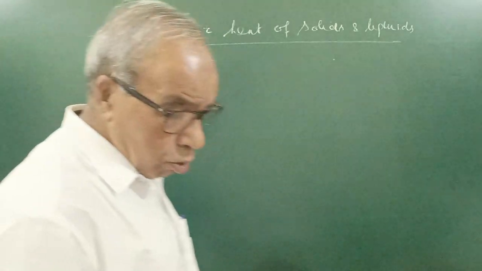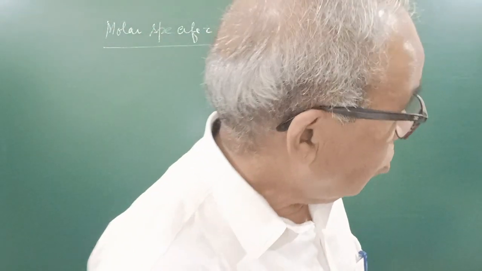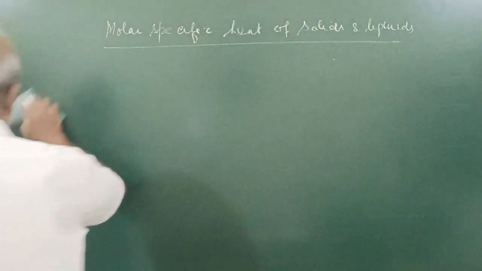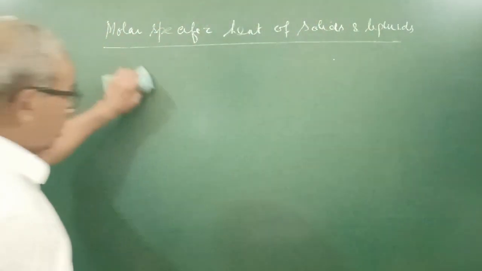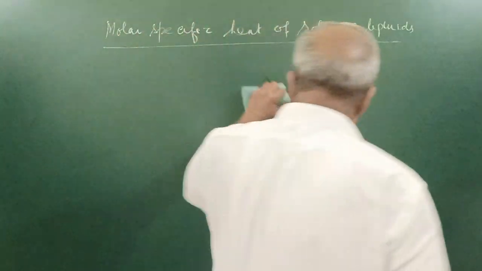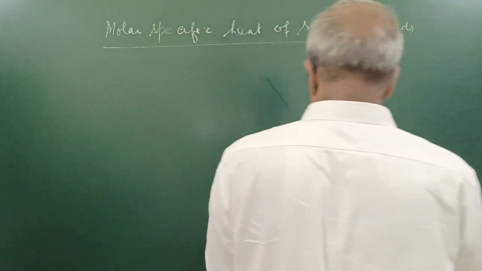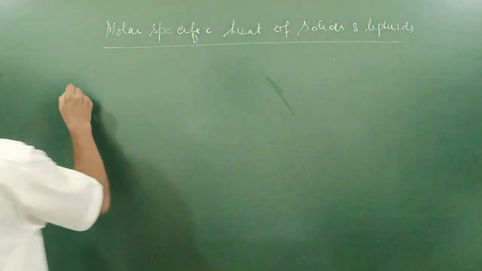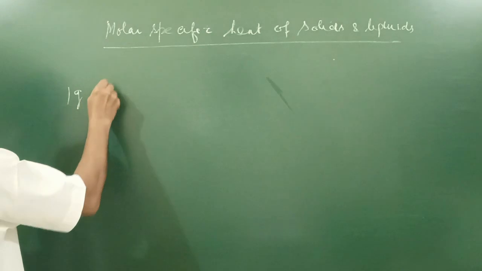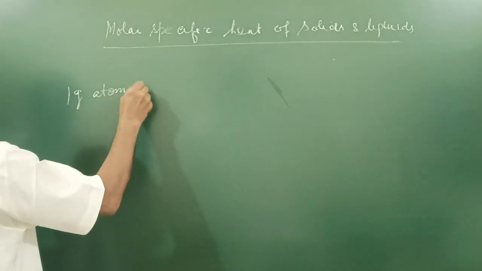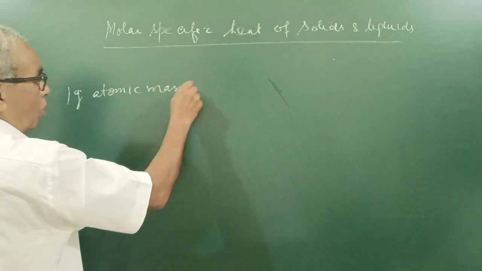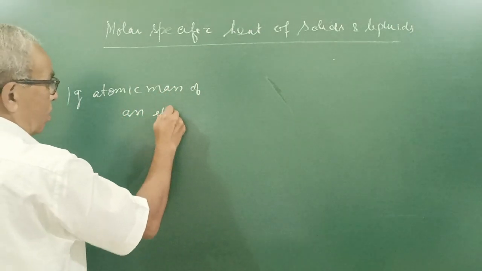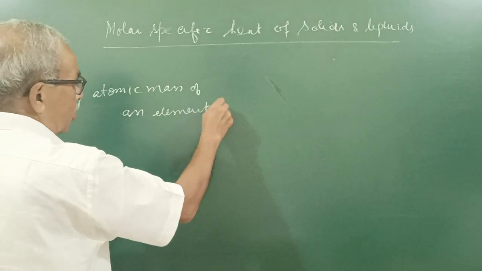1 mole, I have told you many times, 1 mole of an element. I am telling you again because students are not in practice and they generally forget the concept of mole. 1 gram atomic mass of an element is equal to 1 mole.